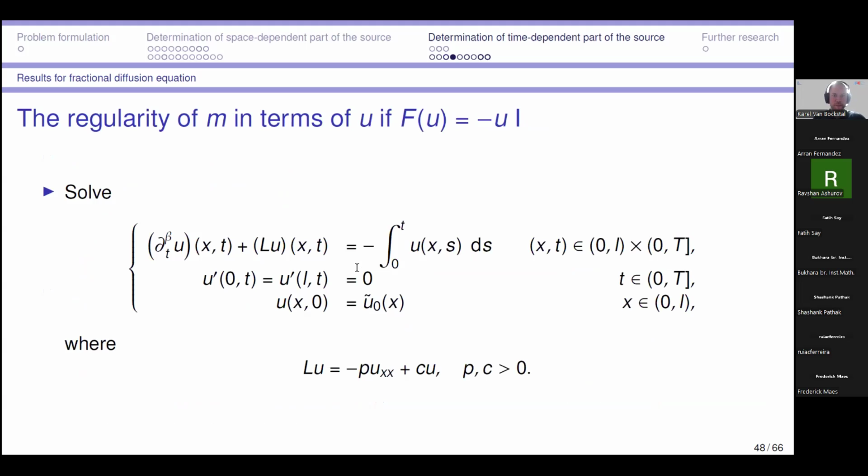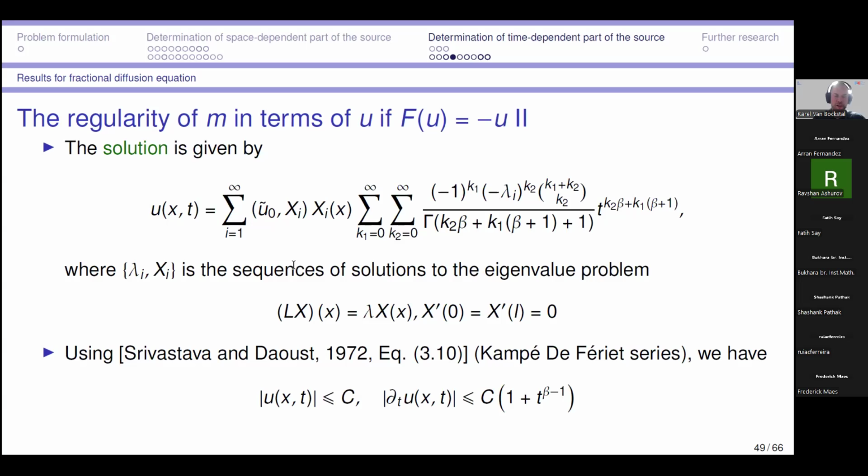This I will skip. Just to note that for the problem in the case of linear f of u, I took here the Neumann boundary condition with L as constant coefficient, so we have eigenvalues, can apply separation of variables, and can get a solution u as a series representation.